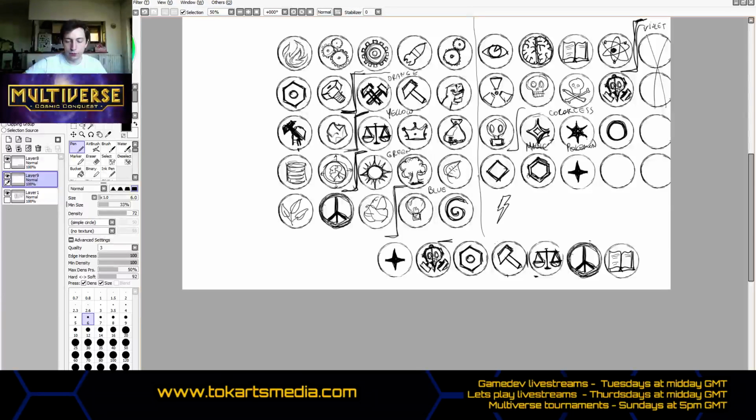Because the two hammers look pretty good still. This thing looks good. Even the fireball looks good, and the single tooth wheel, or a simple leaf looks good for green.